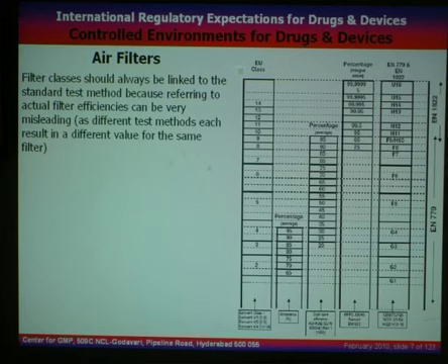You have EU classifications, you have ASHRAE classifications, you have CEN classifications, PC classifications, each one of them calling them different names. EN 779 refers to one range of filters generally considered to be pre-filters, and EN 1822 refers to those filters which we understand as either HEPA or ULPA filters.